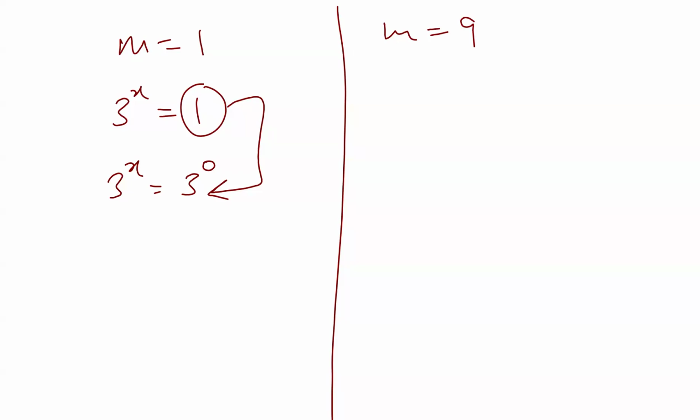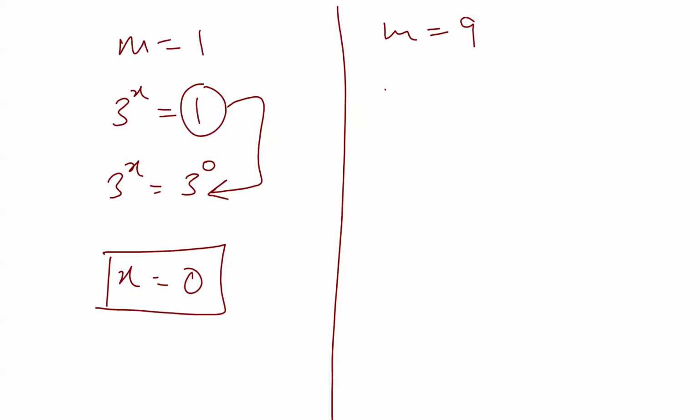But then I'm making a choice of 3 because on the left hand side we have a 3. So by comparing, will you tell me what x is equal to? 0. Perfect.